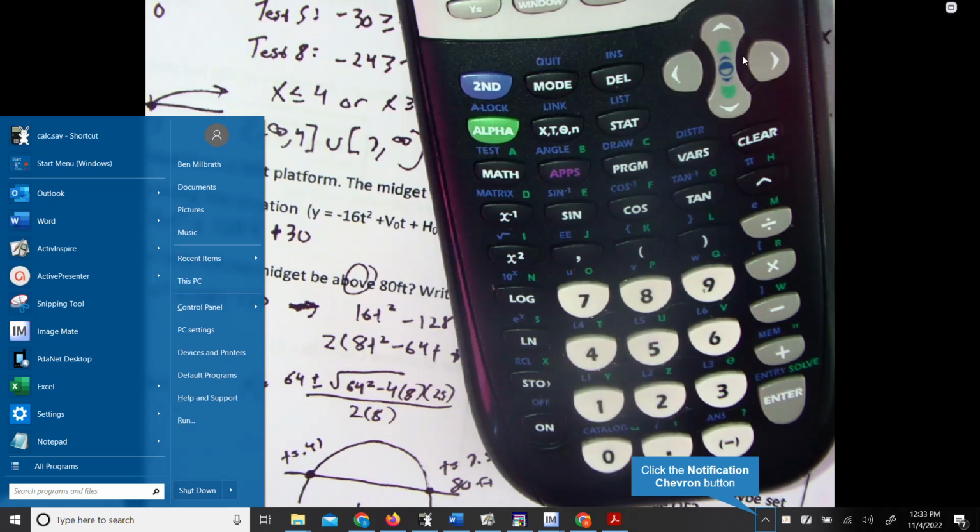What's in the radical this time? 3616. Square root of that bad boy being 60.13. So 64 plus or minus 60.13, both pieces over a 16, not an 18 like I'm writing.